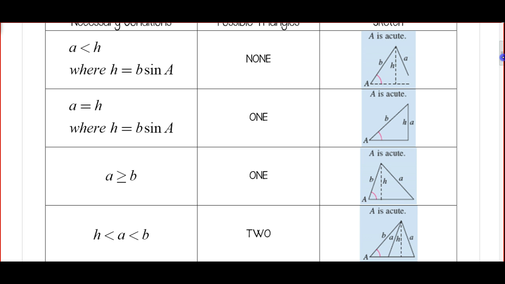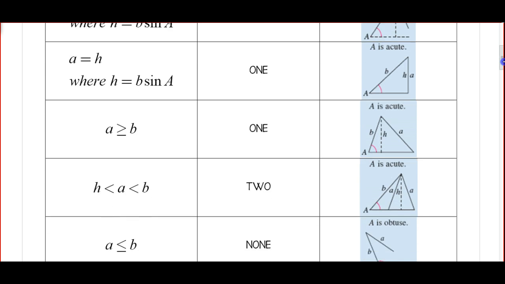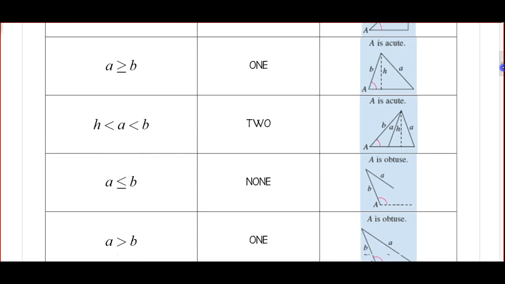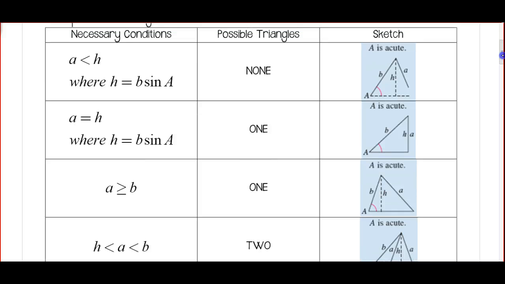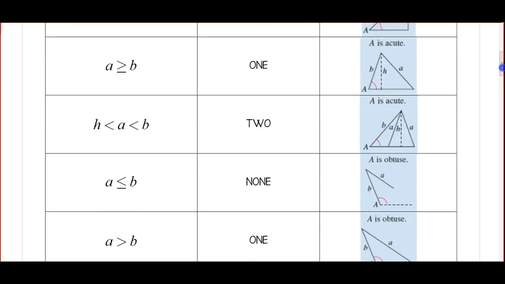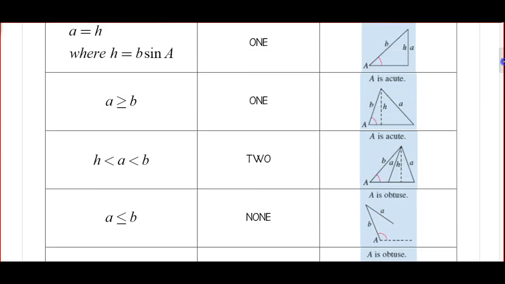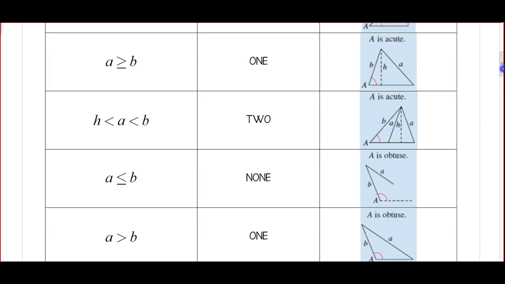But I don't do that because I think it's kind of a pain. But anyway, if you want to read through this chart and try to figure out and determine whether you're going to have one triangle, two triangles, or no triangles, go ahead and do that.